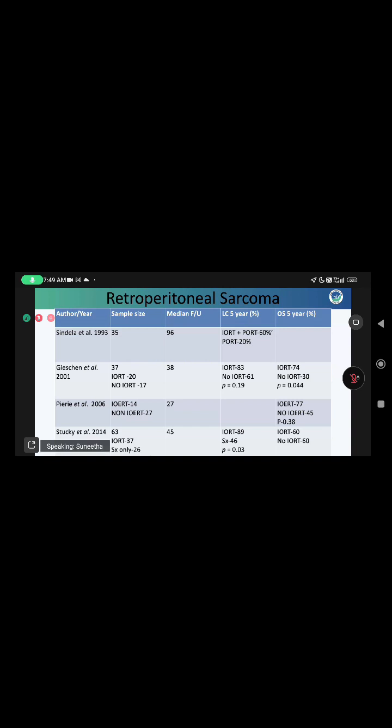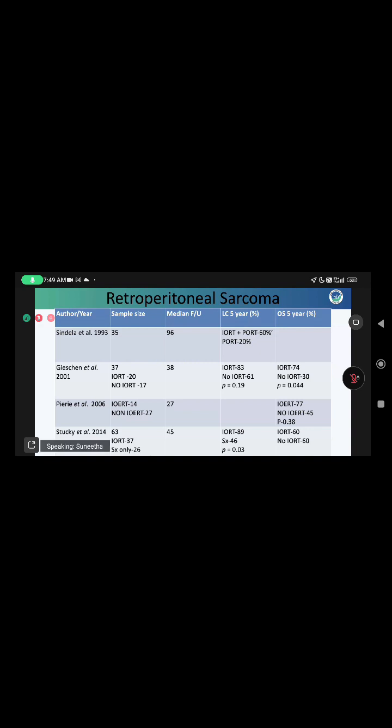Because we all know that retroperitoneal sarcomas and pancreas are the difficult sites to treat among GI or abdominal malignancies because of the location of the tumor itself. A lot of critical structures are there: kidneys, liver, bowel loops, which prevent us from giving a very high dose of radiation in those areas, because we always have to juggle between the OAR doses and the tumor dose.